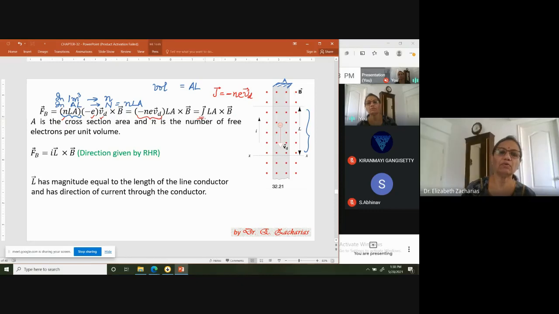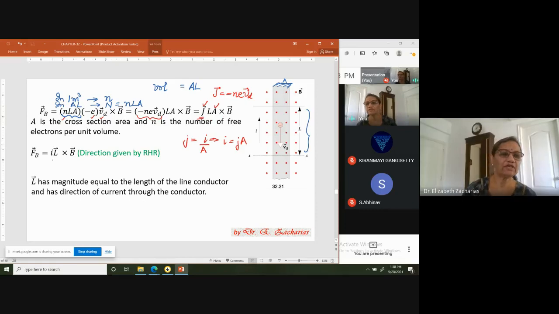Okay, now let us see what we can further do. You know that current density is equal to current divided by area. So from this you can say that current is equal to current density into area. So we will simply take out this and club them together and call it as current.